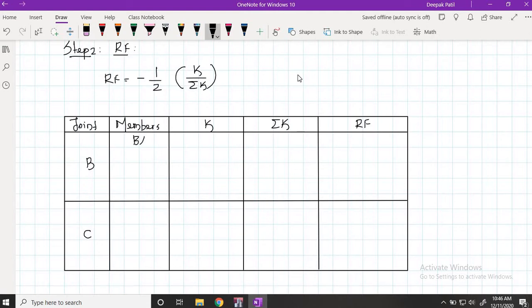One is BA, the other one is BF, and the third one is BC. Now if you see BA, support A is a fixed support, so the stiffness factor will be 4EI over L, that is 4EI over 3. Now if you see BF, F is also a fixed support, so that will also become 4EI over 3.